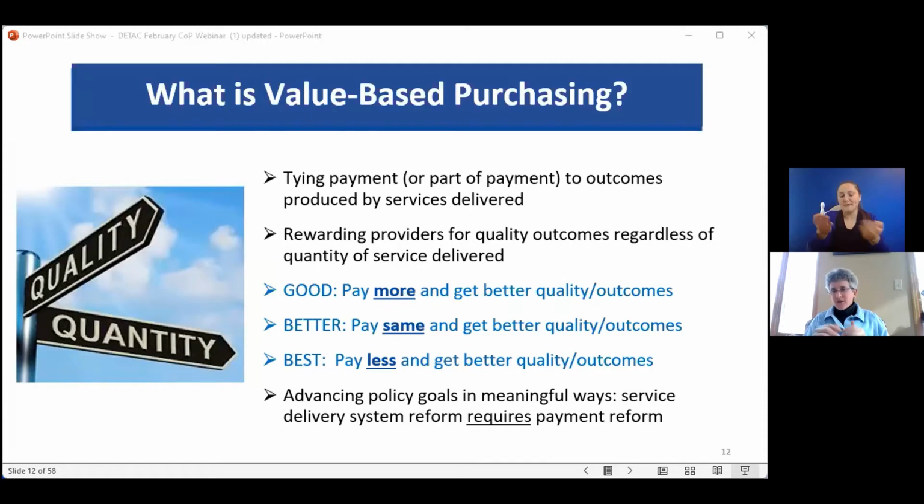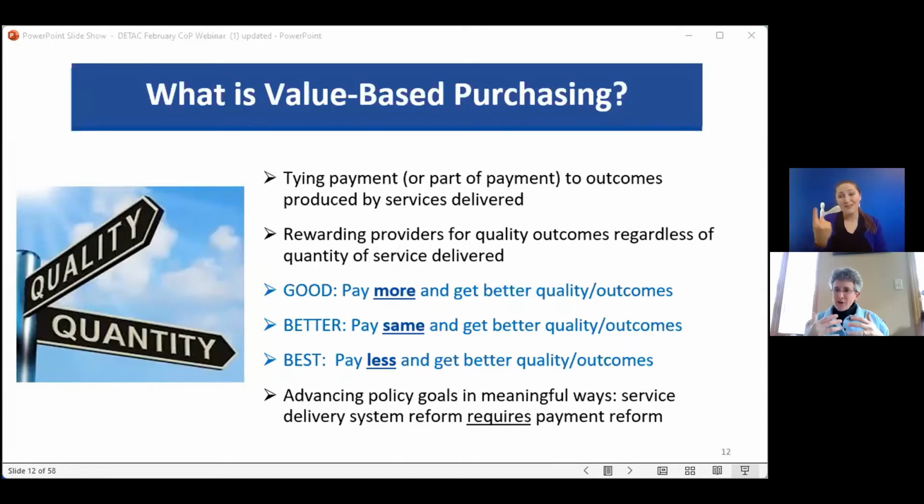In value-based purchasing, there's good, better, and best. Good models involve the funder paying more, but getting better quality and outcomes. And typically you would expect if you're paying more, don't you automatically get better quality and outcomes? Well, not always.